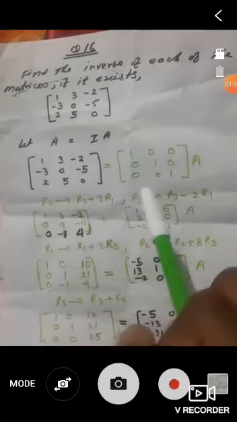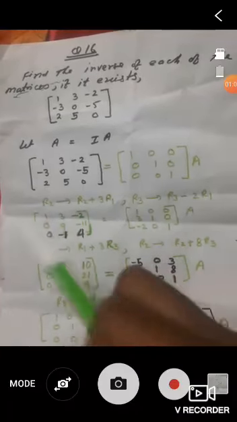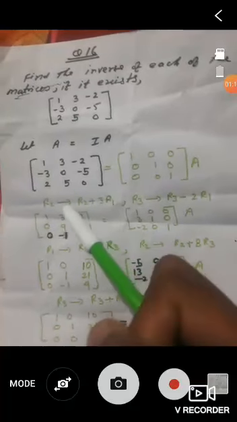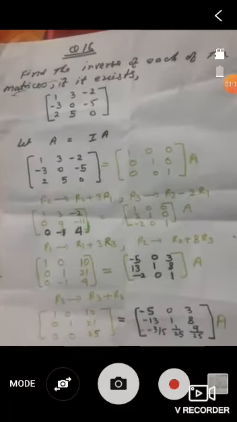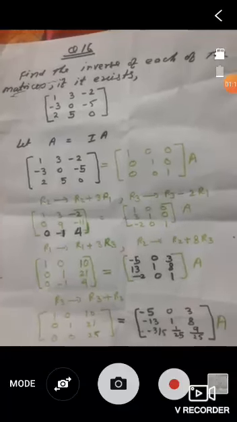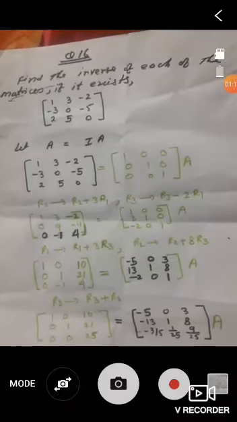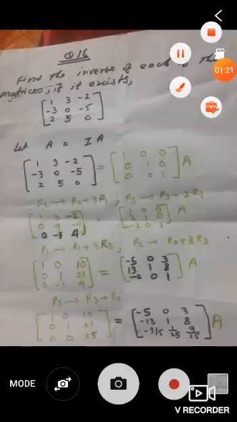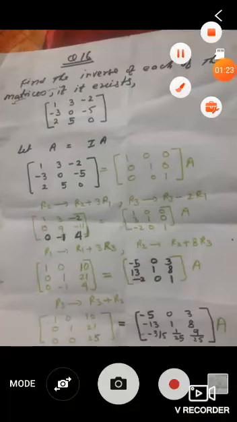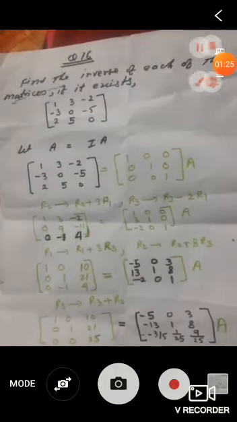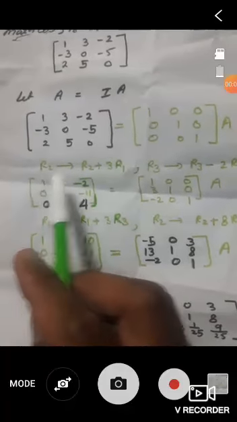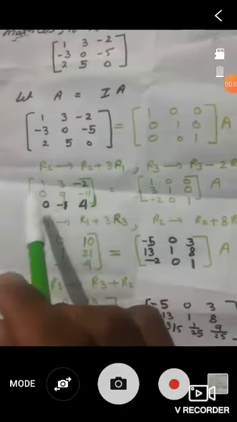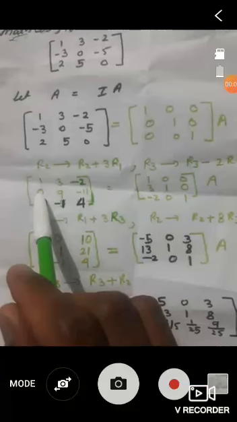Let us suppose I am solving the same question; after some time the operations may change. So I will apply the first valid operation, R2 changes to R2 plus 3R1. The reason for applying this operation is that I want to convert the second row first element into 0.